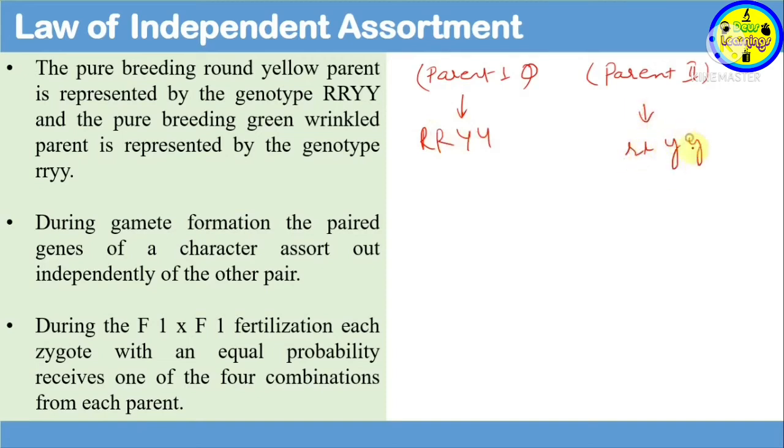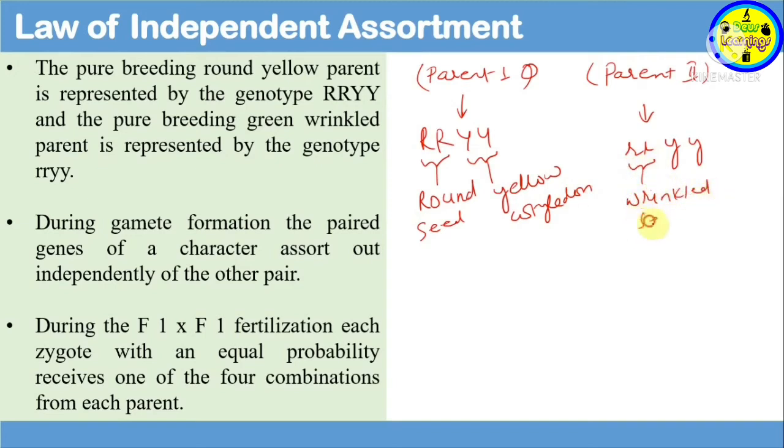So it represents the round shape of seed and yellow color of cotyledon, round seed, yellow cotyledon, and here wrinkled seed and green cotyledon.